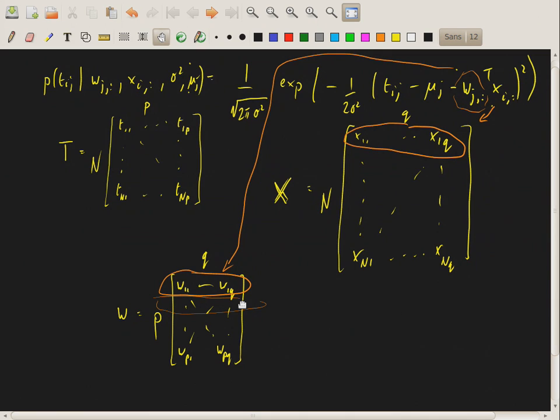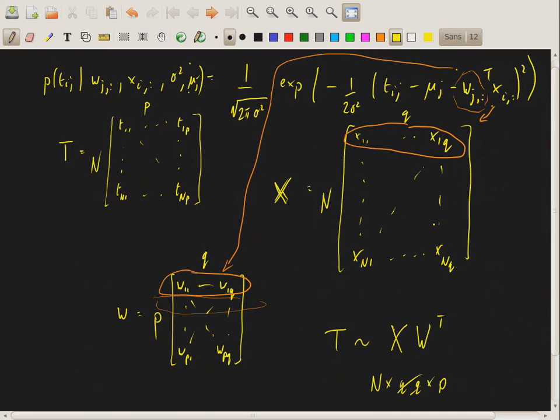In matrix form, what this is saying is that T is approximately equal to, let's get the dimensions right, big X times W transpose. Remember this trick, important trick here. N by Q is this matrix here. W transpose, because it's flipped around, is Q by P. So those cancel, that gives us an N by P matrix, and what we're saying is the elements of that matrix are made up by this low rank thing.